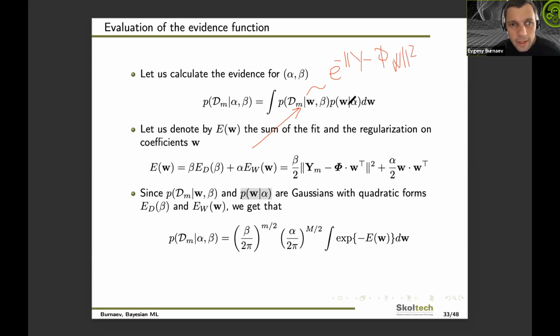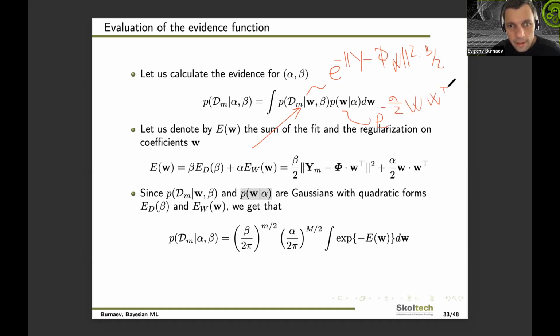Right? And this function is proportional here. I should write here, of course, beta over 2. And this function here is proportional to this expression, to this exponent.